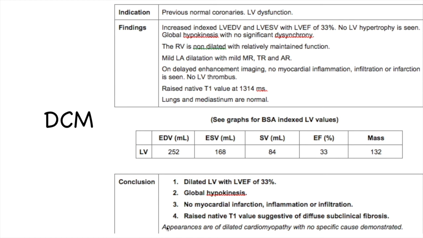So, in this patient, we have concluded the appearances are of dilated cardiomyopathy with no specific cause demonstrated, meaning that there is no infarction, there is no infiltration that we could demonstrate clearly. So, this is DCM with no apparent cause at this stage.